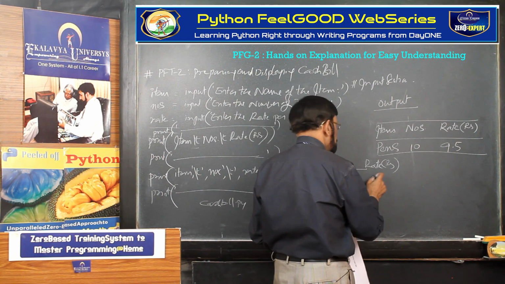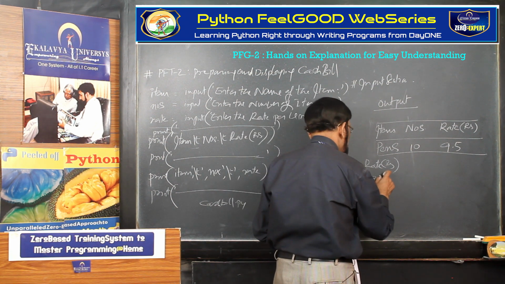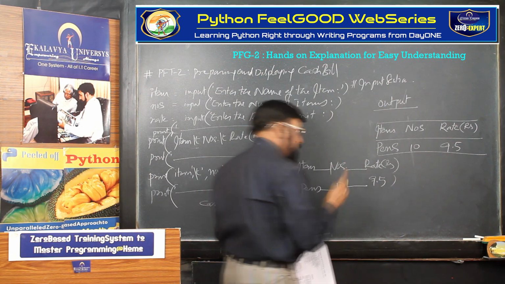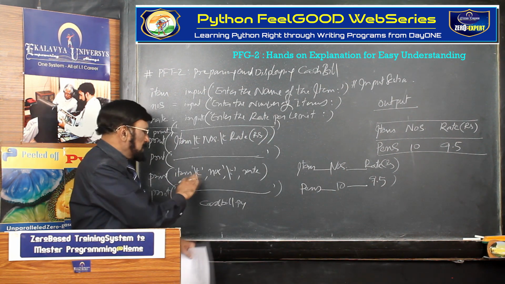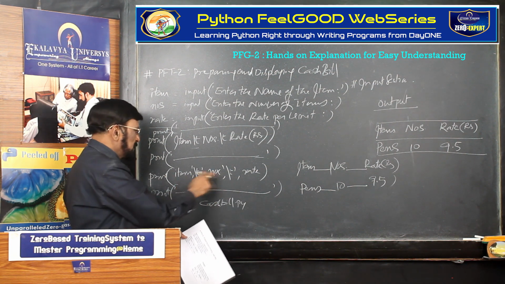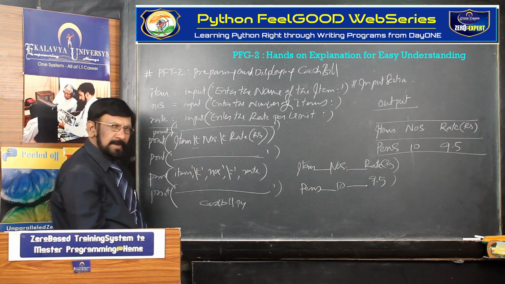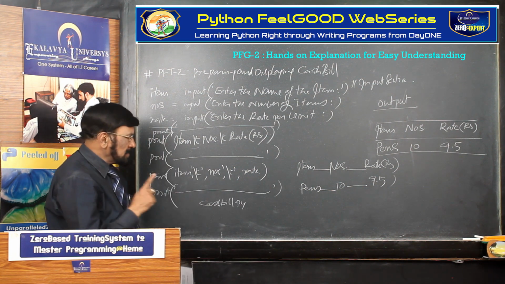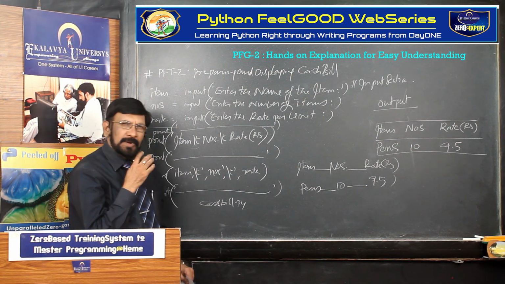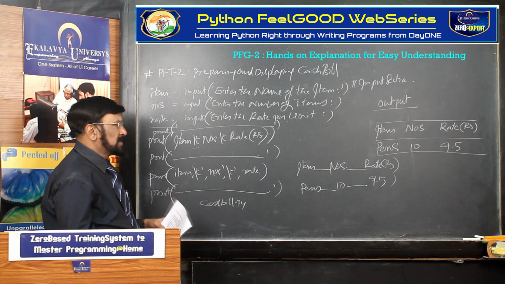Then it moves, and this is 9.5. That is the purpose of that. You need not leave spaces. Where you want a tab space, you write it. Automatically it is created and aligned. This is a new thing. Very frequently we have to use that. That point you have to understand.